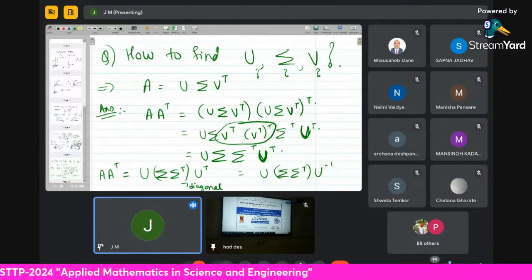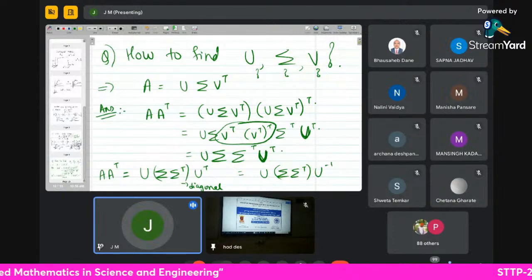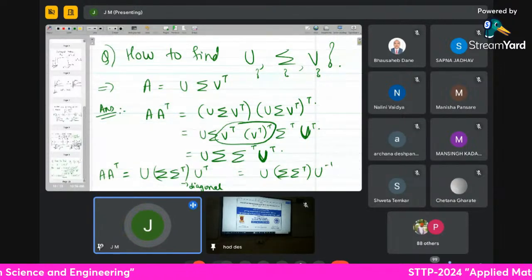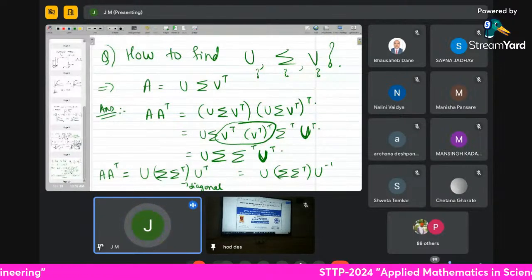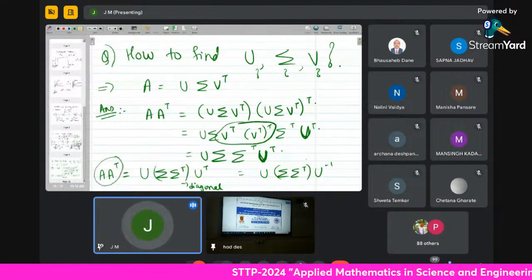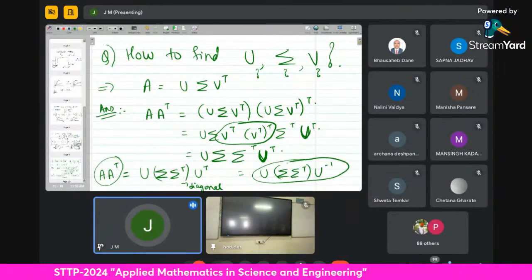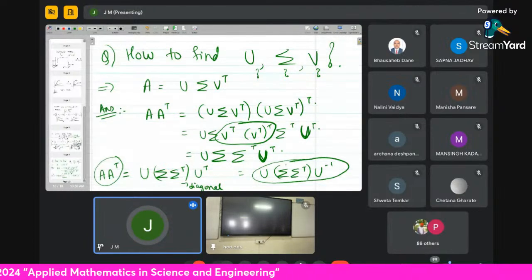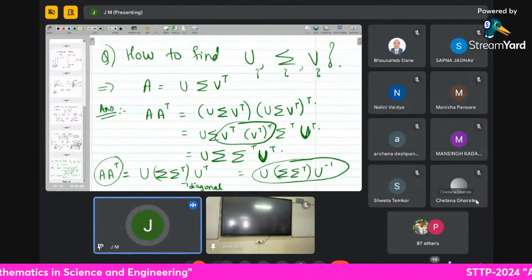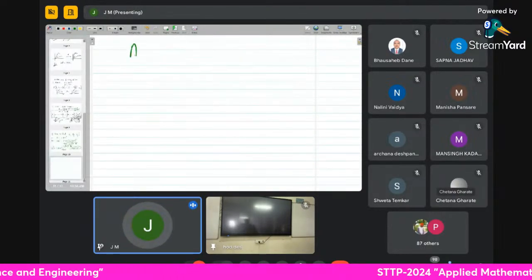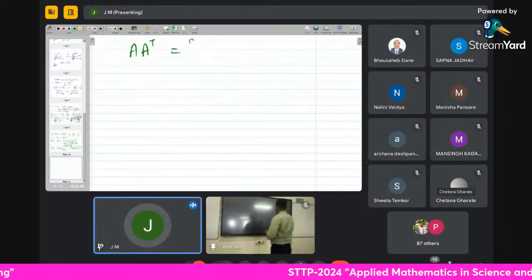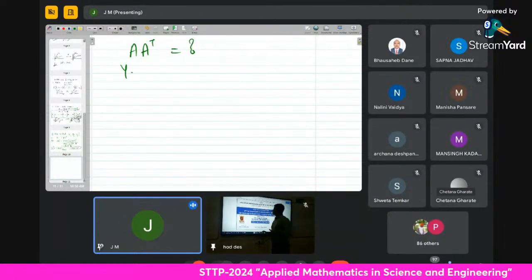To solve SVD, one has to go to the world of diagonalization. Now the question is, can I diagonalize A transpose A?